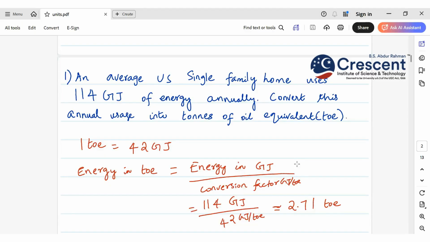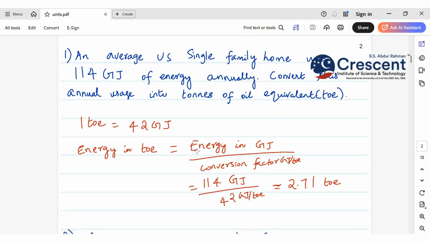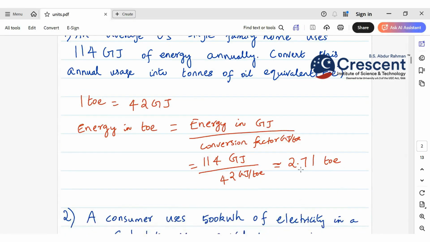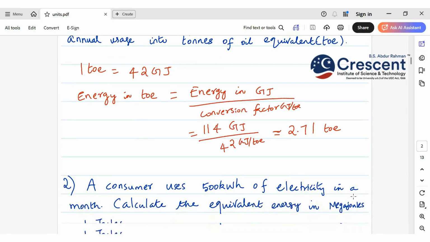So energy in TOE is given as energy in gigajoules divided by the conversion factor, which is in the unit gigajoules per TOE. As per this, given value is 114 gigajoules by 42 gigajoules per TOE. If you do the conversion, you get 2.71 TOE.